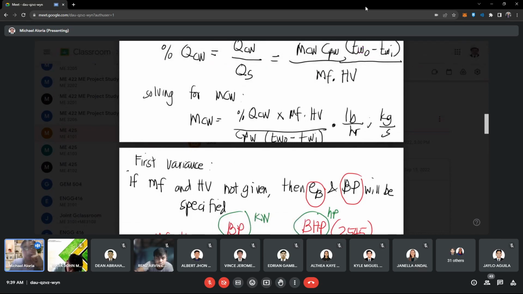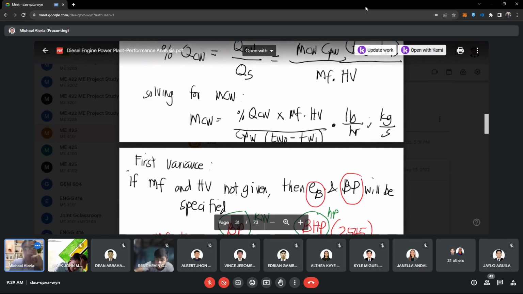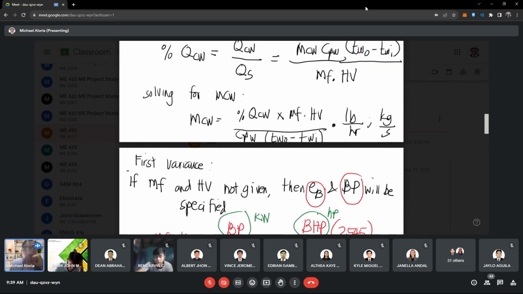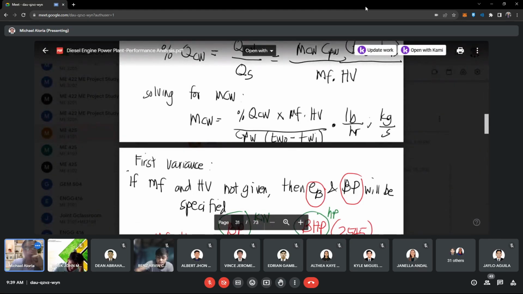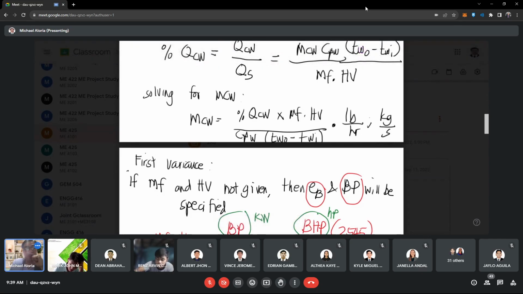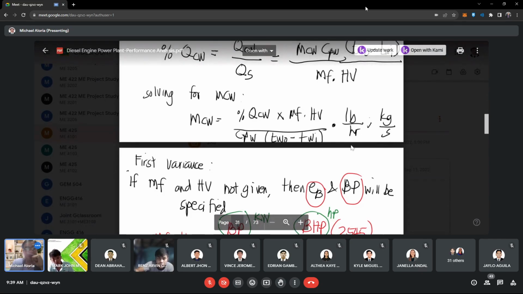Kaya pag nagde-design tayo, we should compute how much cooling water is required to cool the engine. Usually ang ating mass ng cooling water is in terms of pound per hour or kilogram per second. So percent QCW times your QS or mF HB over Cpw delta T.